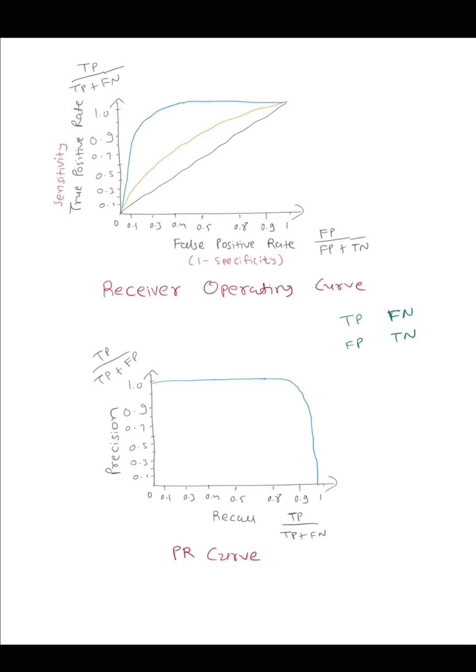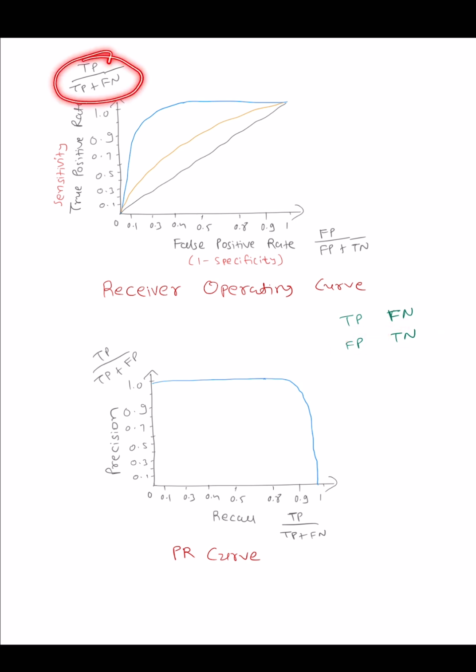You can draw the receiver operating curve in this way, where the false positive rate is on the x-axis and the true positive rate is on the y-axis. Here what we do is change the threshold. Let's say we keep the threshold at 0.5, and then for the model's predicted probabilities, we count the true positives, false positives, true negatives and false negatives.